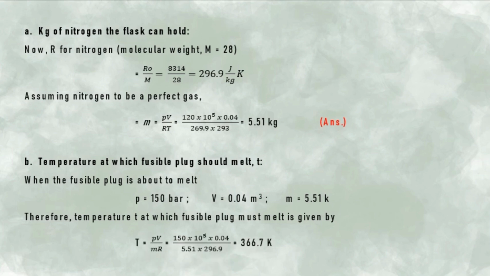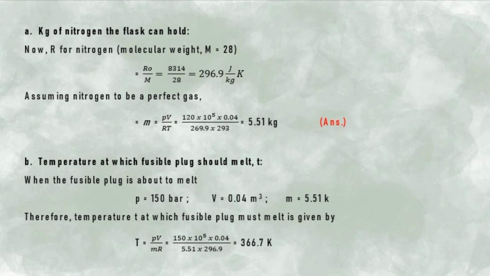from also the original equation PV equals mRT, and now we derive it to temperature equals pressure times volume over the mass times the gas constant, and substitute the given: 150 times 10 raised to the 5th power times 0.04 all over 5.51 times 296.9.